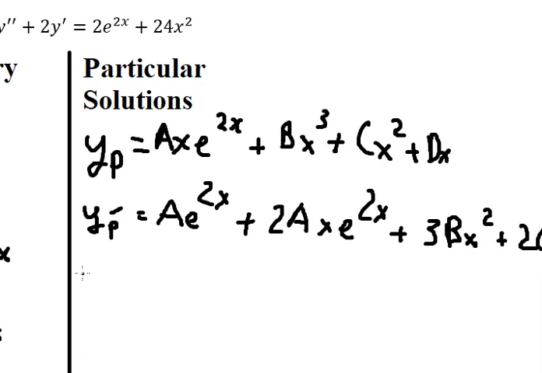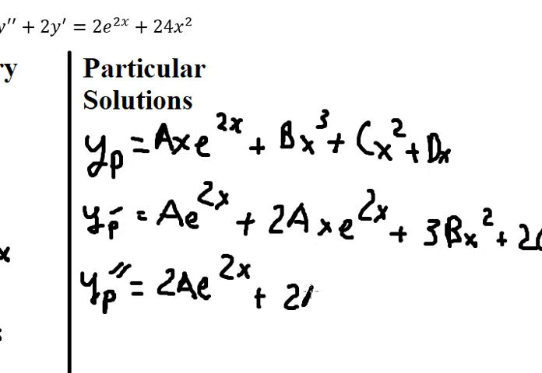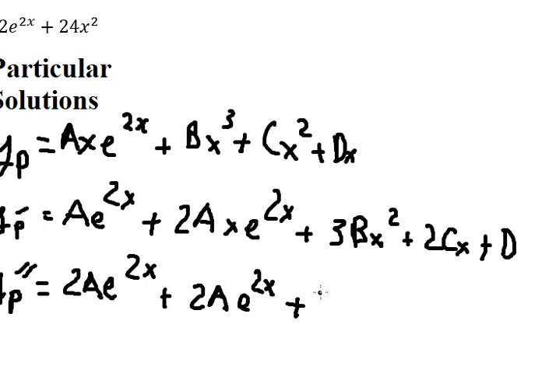Now we go to the second derivative of yb. This one is 2a e to the power of 2s. This one we have 2a e to the power of 2s. This one we have 4a s e to the power of 2s.